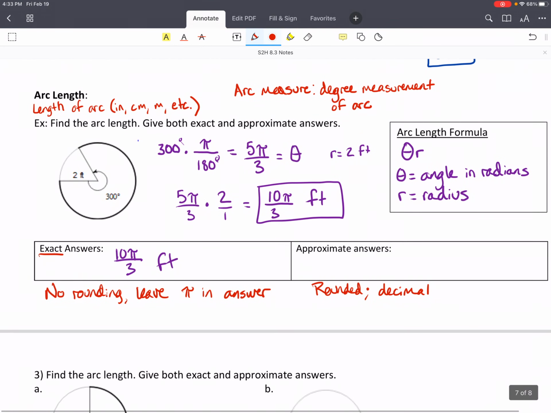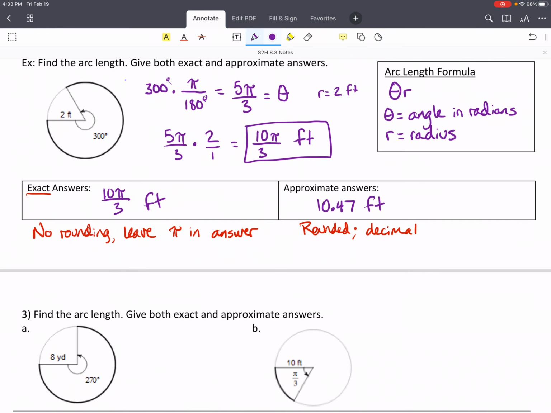So for the approximate, I can just type in 10 pi divided by 3. Let me get to a calculator. And we get 10.47. So that is arc length.